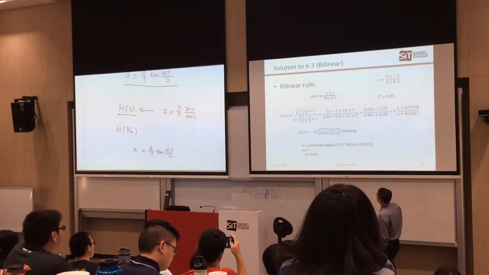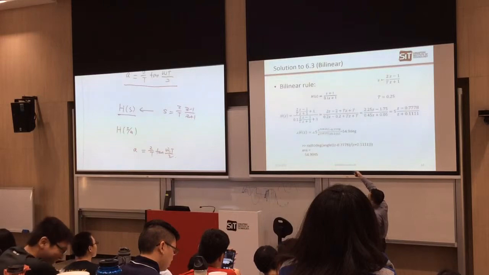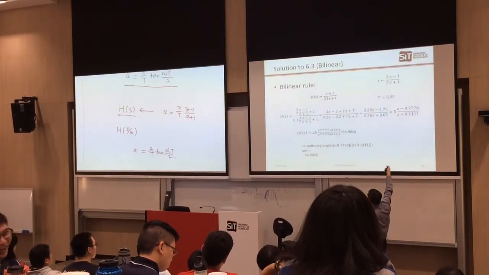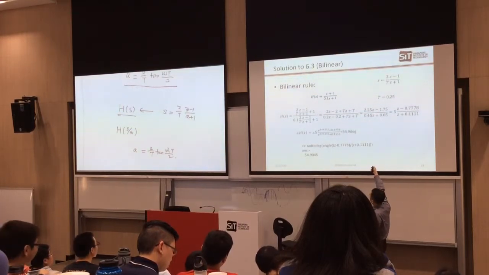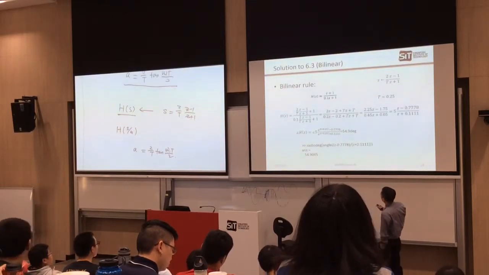Okay? So you substitute this one in, you get your Z function, and you do a simplification, you get the Z function like this. After you have the Z function, if you do the phase analysis, you will notice this one is about 45 degrees. Okay, it's about 45 degrees, not 60 degrees.